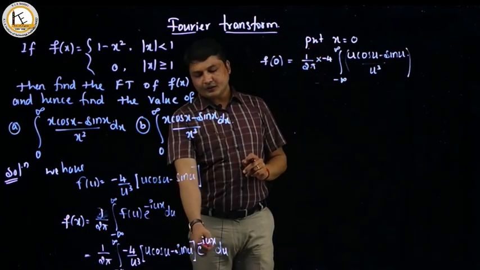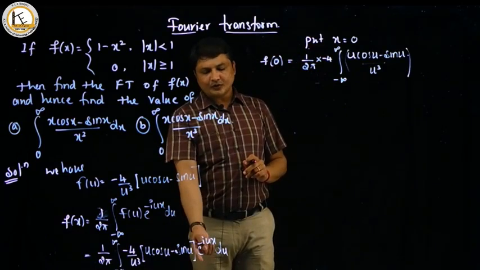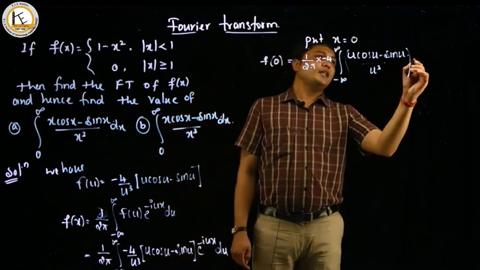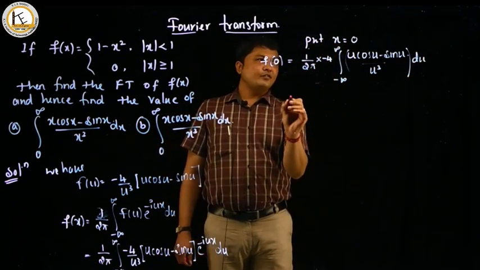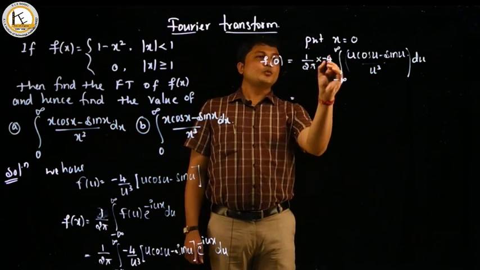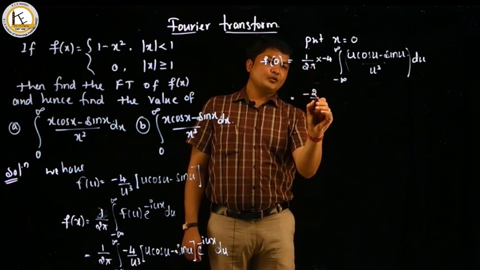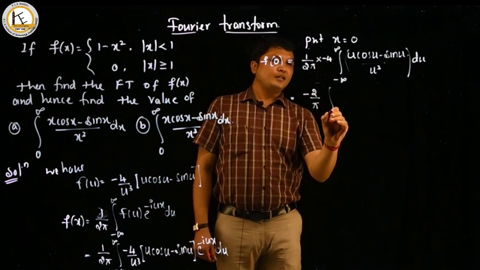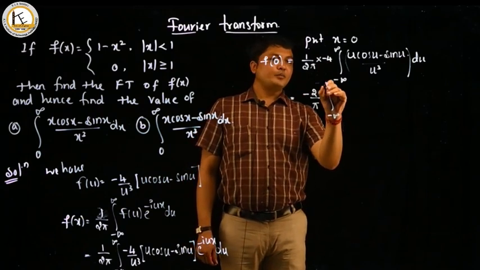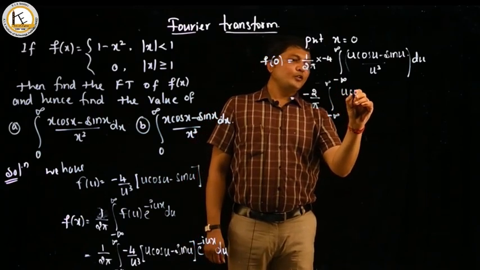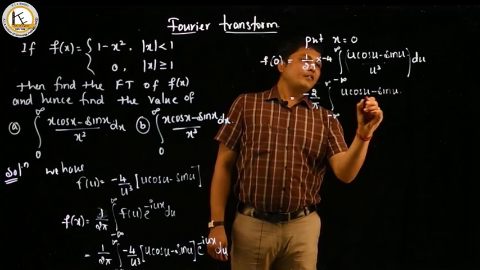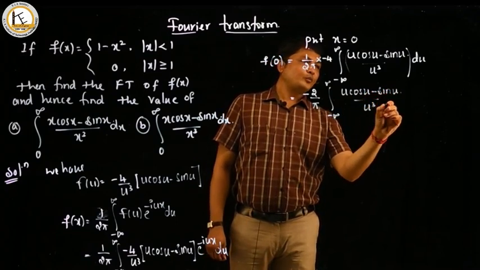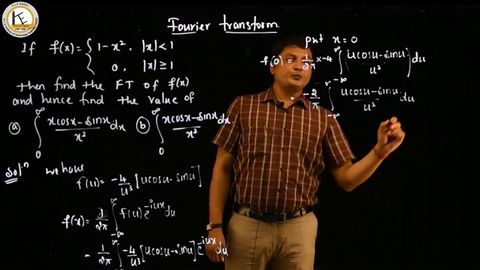And since we have substituted x equal to 0, the exponential becomes 1 and the remaining is only du. So simplifying further, the 2 cancels, we get minus 2 by pi integral minus infinity to plus infinity u into cos u minus sin u divided by u cube with respect to u.